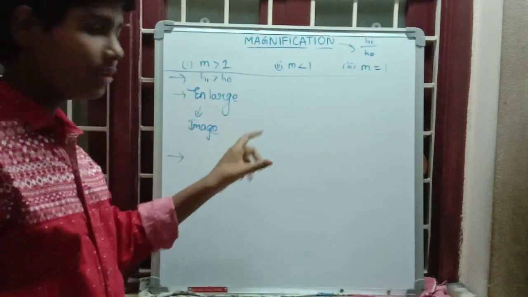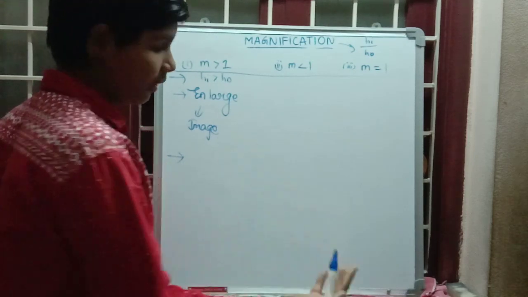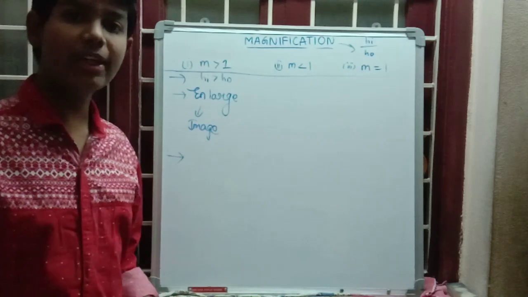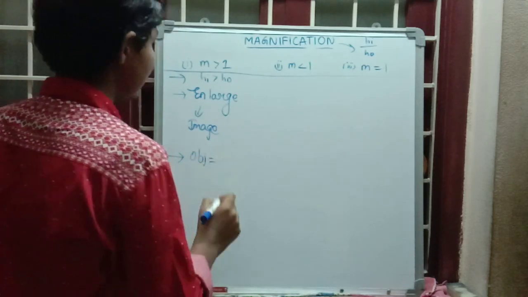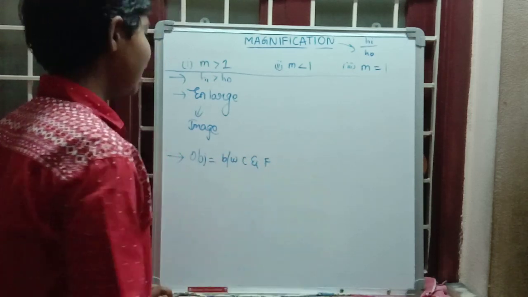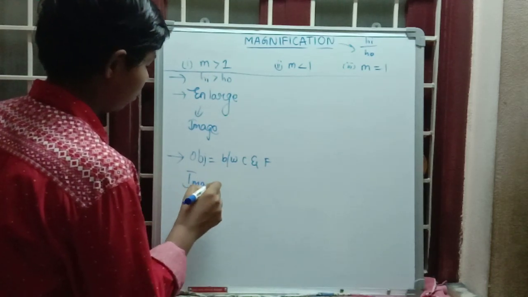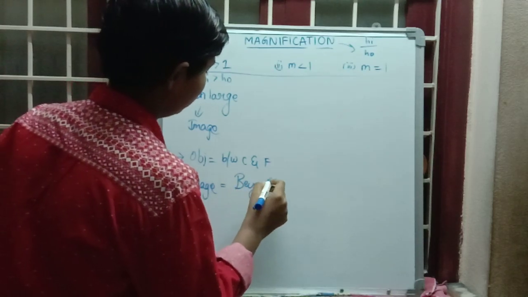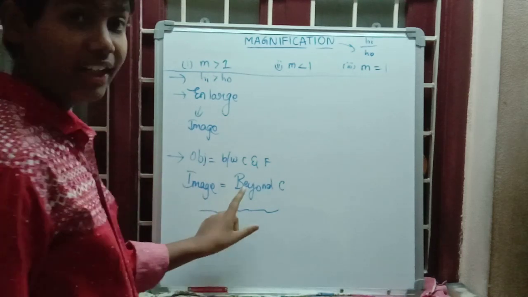Image preference is enlarge. Means in which ray diagram in the concave mirror will we get the image enlarged. Image should be enlarged when the object is between C and F and the image is beyond C. Then we will get an enlarged image.